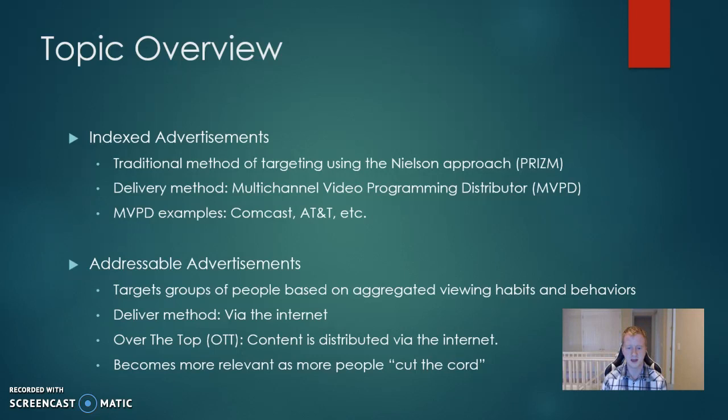The delivery method is multi-channel video programming distributor, and some examples of those are Comcast and AT&T. Those are the traditional brick and mortar, if you will, methods of delivering indexed advertisements.